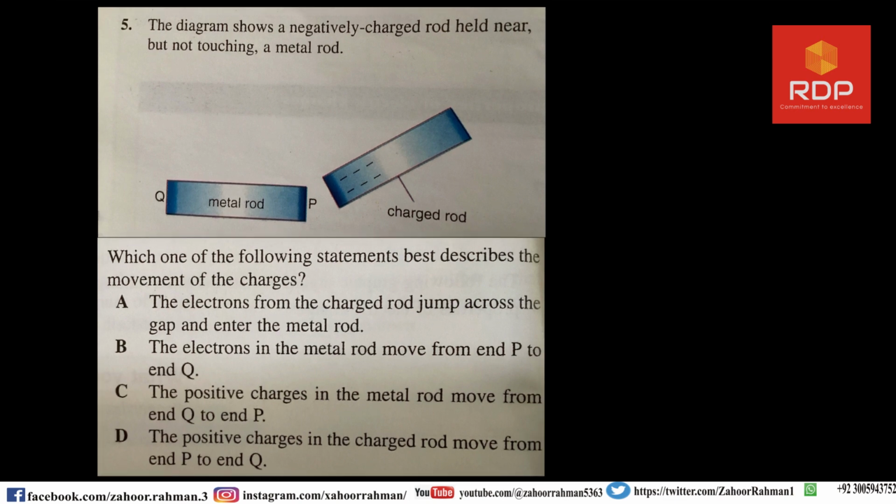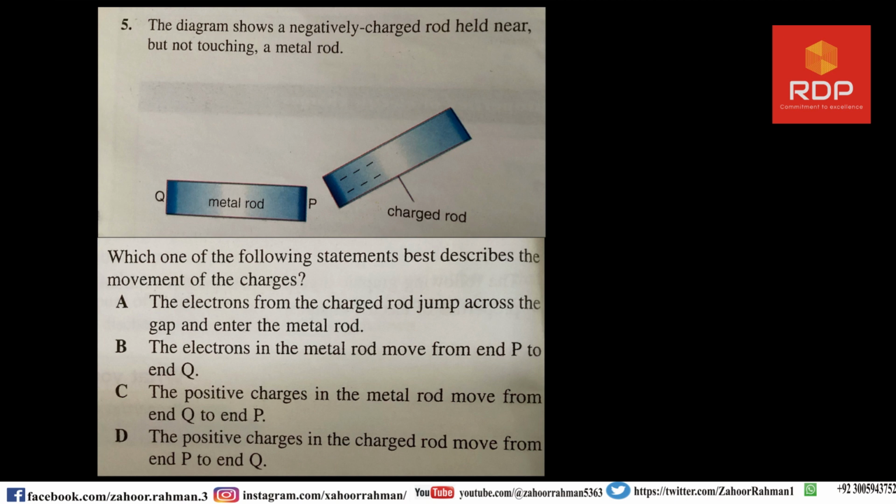Now let us turn our focus to question number 5. The diagram shows a negatively charged rod held near but not touching a metal rod. You can see the charged rod is negatively charged, and there is a metal rod which has negative as well as positive charges.